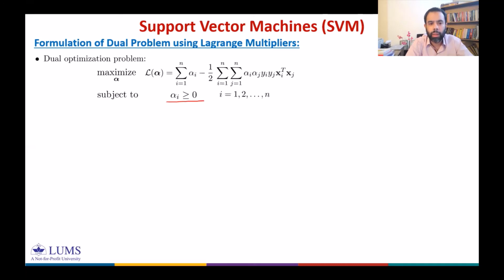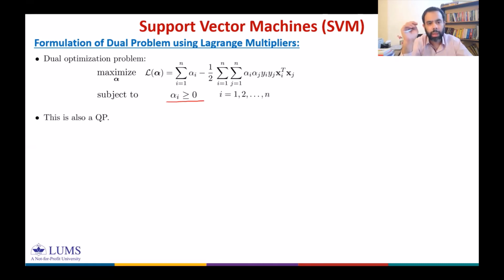And I can say that this is a quadratic program again, because we are maximizing a concave function. This is equivalent to minimizing the negative of this, which is a convex function, subject to linear inequality constraints. This is also a quadratic program.